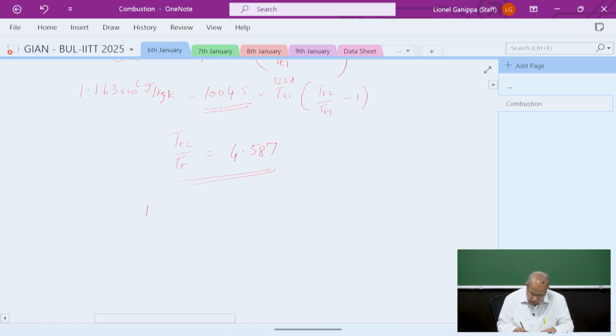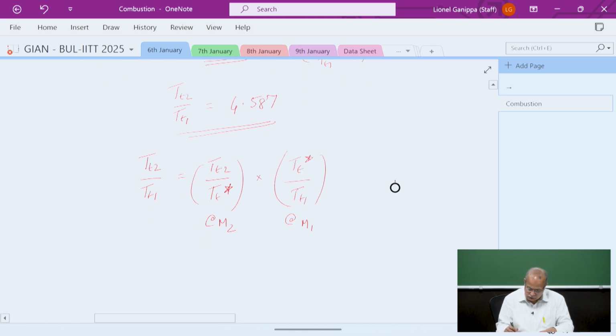Now we have to use this expression: TT2 by TT1 is equal to TT2 by TT star corresponding to M2 from the Rayleigh table, and then into TT star by TT1 corresponding to Mach 1. What is M1? You calculated that value is 0.17.